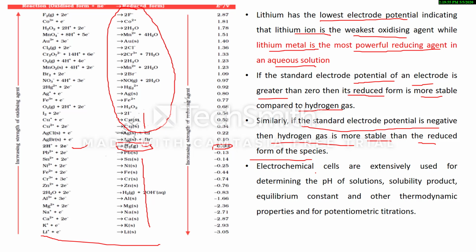So this is the utility of this electrochemical series or electrode potential. Besides this, electrochemical cells are also used for determining the pH of solution, solubility product, equilibrium constant, and other thermodynamic properties, and for potentiometric titrations. Okay, students, thank you.